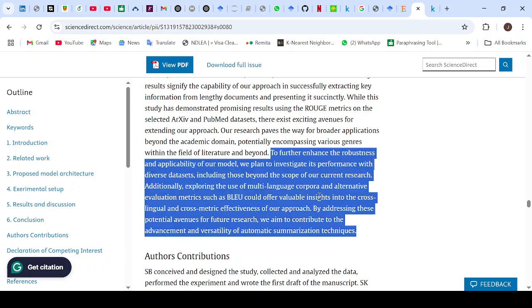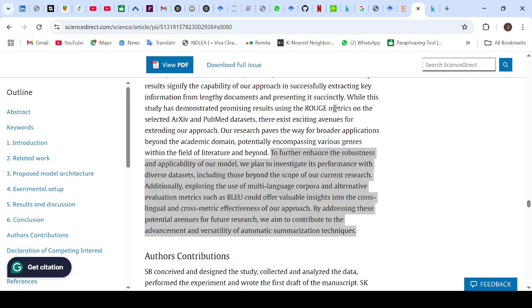So the main thing that is outlined in this is the gap in the data set, exploring other data sets from that is being described here.